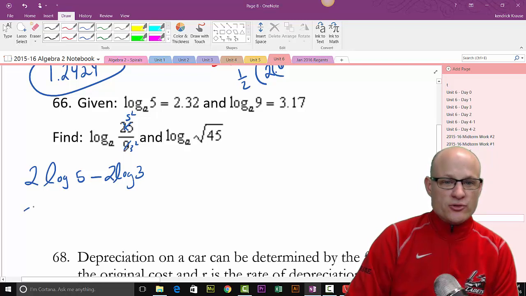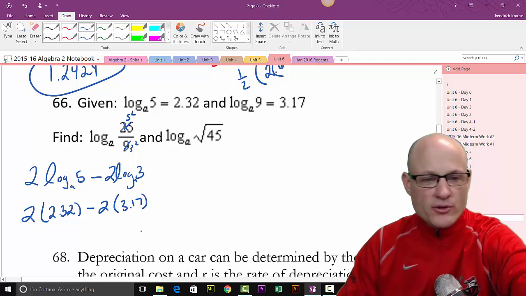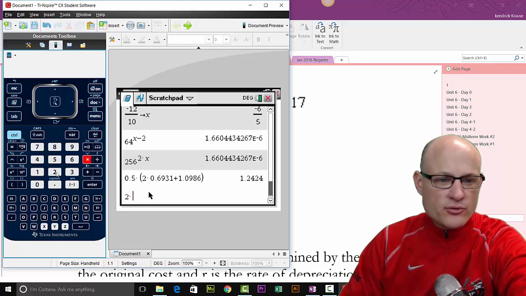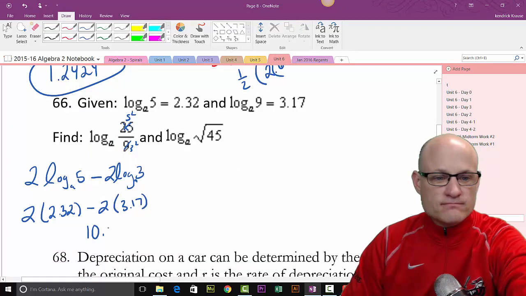So this becomes 2 log a of 5, which is 2.32, minus 2 times log of 3, which is 3.17. So 2 times 2.32 plus 2 times 3.17 is 10.98.